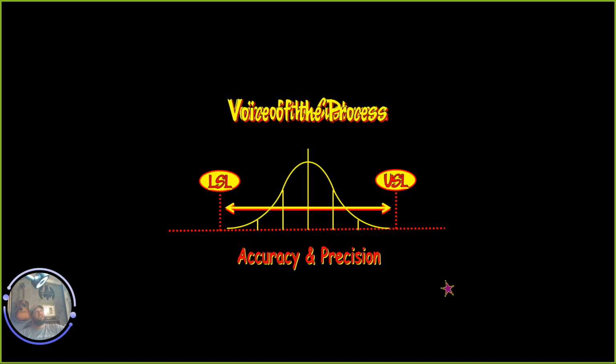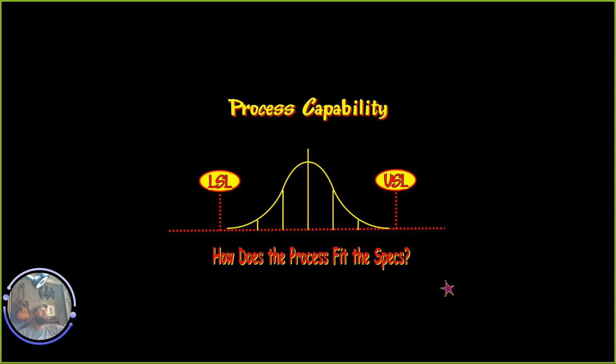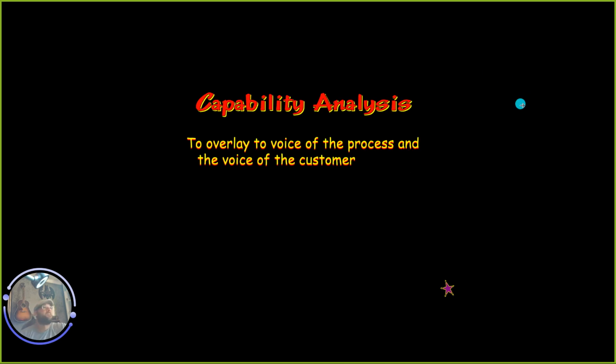Basically, the voice of the process is how your process fits into specs, and that's what we're trying to identify with process capability. The capability analysis overlays the voice of the customer with the voice of the process, merging those two to create a sustainable and great product for your customer.